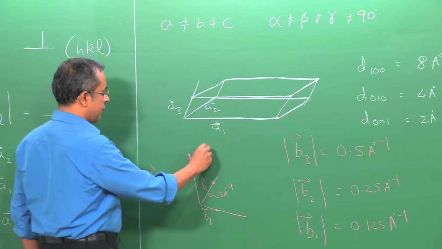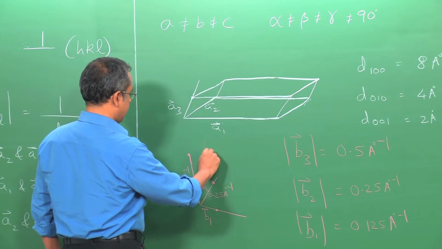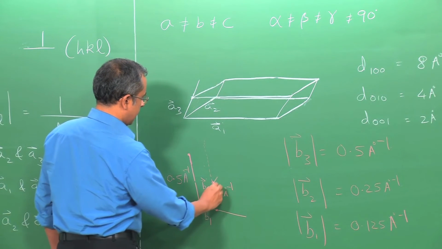So now it is just a matter of completing the lattice. So we simply have to draw those, finish the lattice. So draw the lines that are parallel.